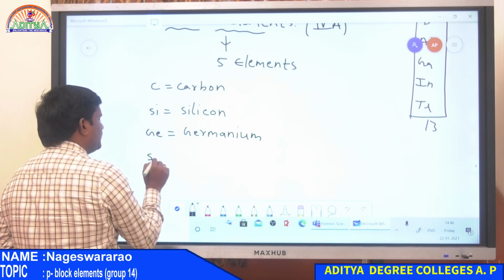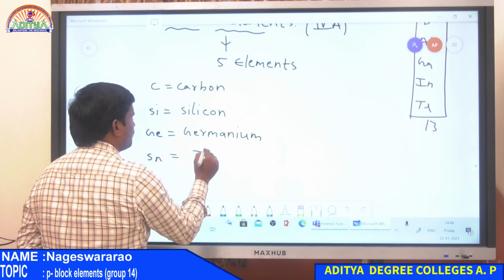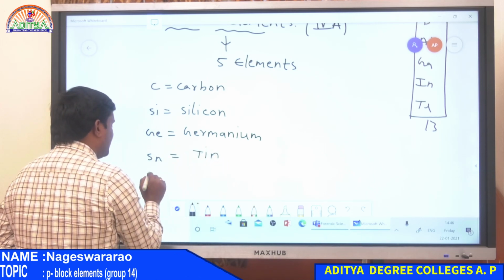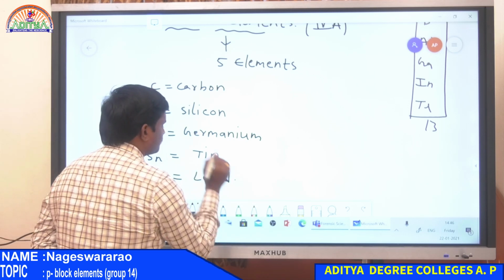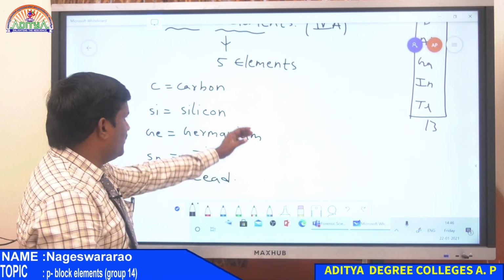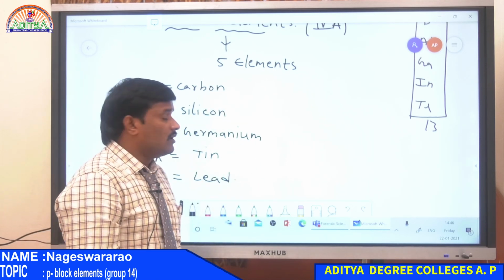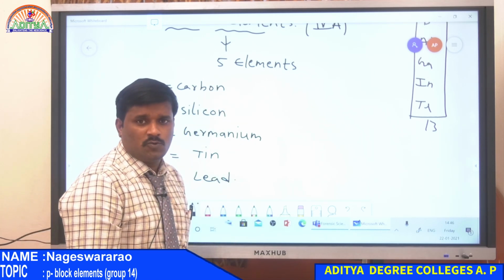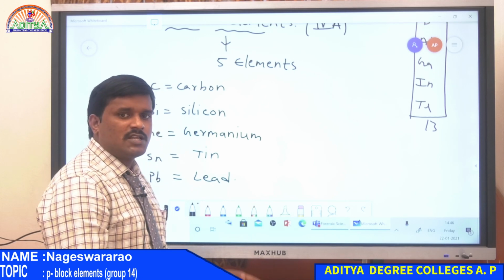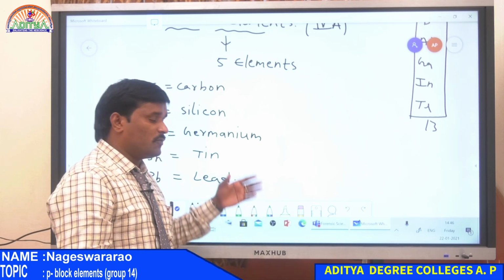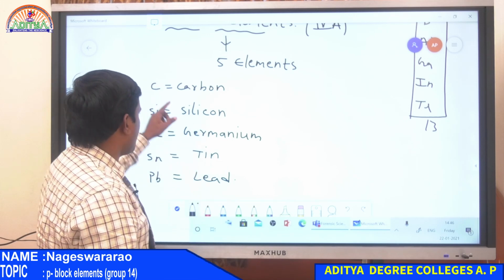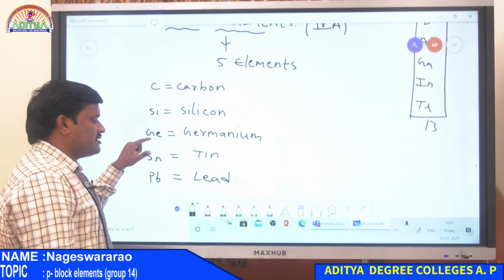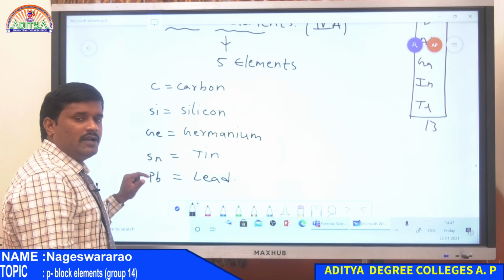Next one is tin, and the last one is lead. So these are the elements present in the 14th group, that is the carbon family. The first element is carbon, that is why this group is known as the carbon family. So the elements are carbon, silicon, germanium, tin and lead.